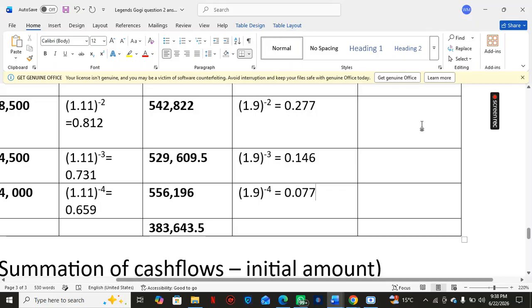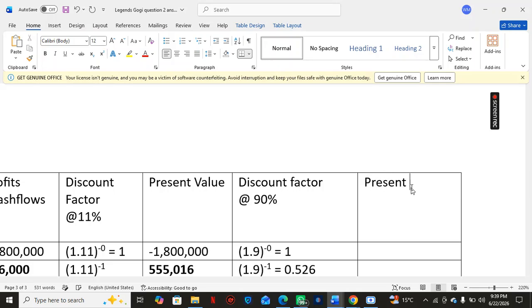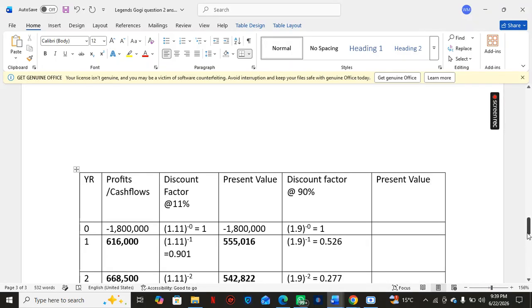So it's just a repetition of what we were doing earlier on.